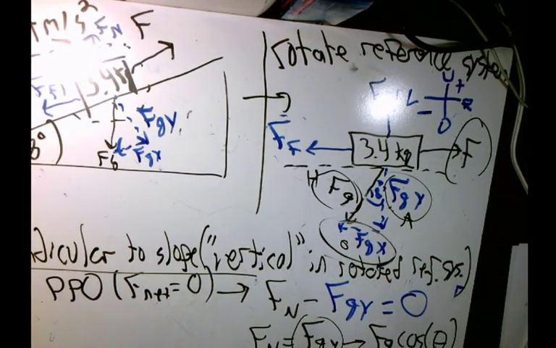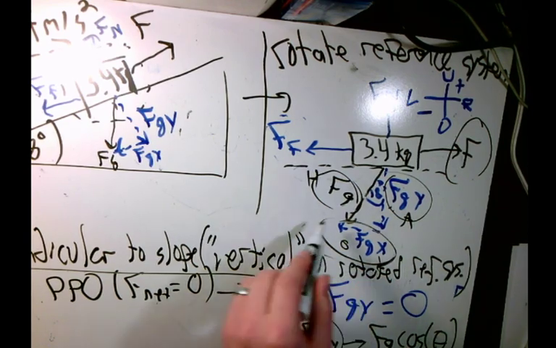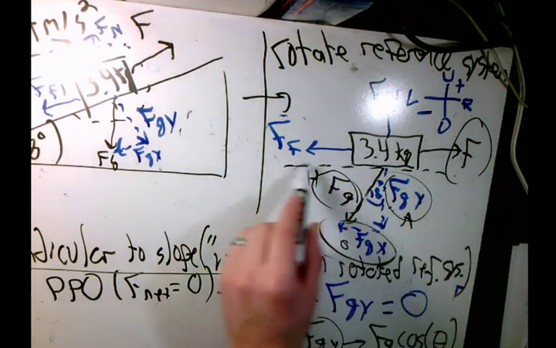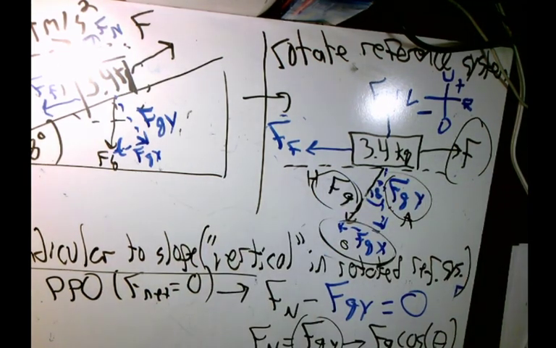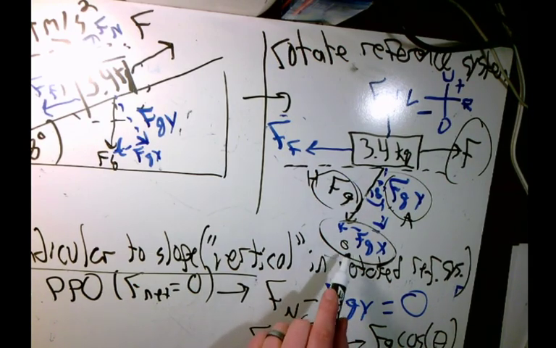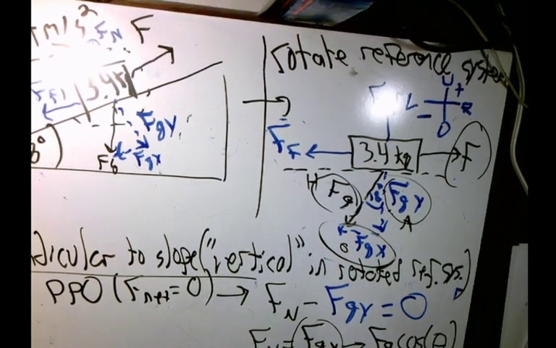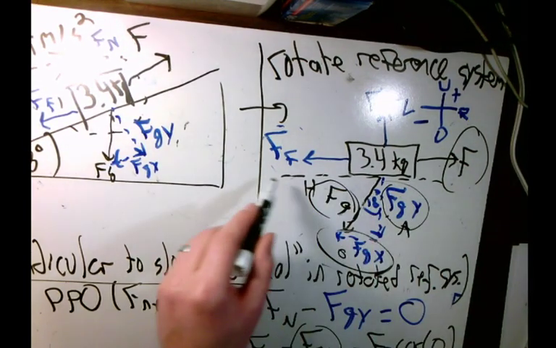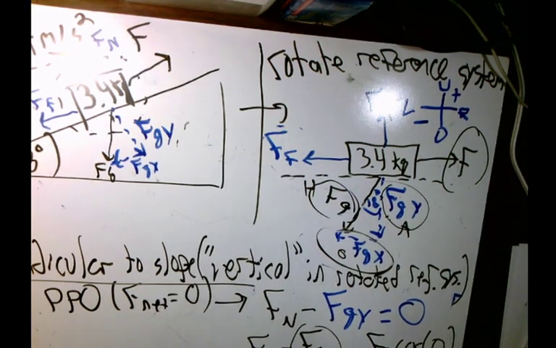So make some really visible notes to yourself that you're not going to forget this x component when we're looking at our horizontal forces, right? There's still a component of gravity. Once we've rotated our axis system, that's acting horizontal, right, parallel to our slope.